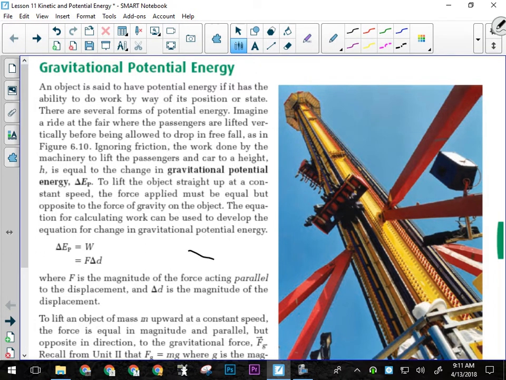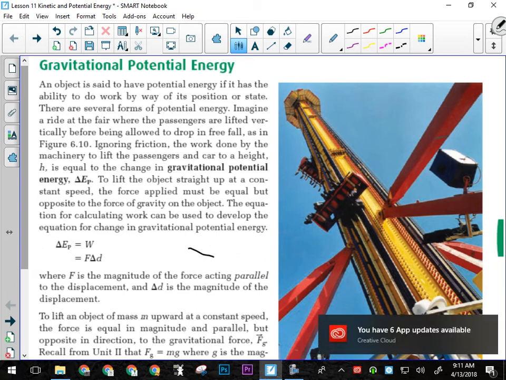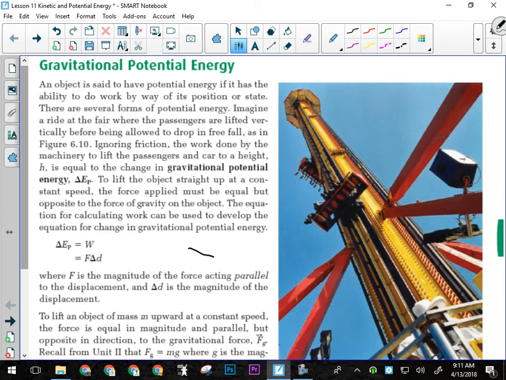All right, so in order to have gravitational potential energy, a few things have to be present. Gravity. You have to have gravity to have gravitational potential energy. So if I was out in interstellar space where there was essentially no gravitational body near enough to exert any considerable force of gravity on me, I would have no gravitational potential energy, because I'm not accelerating, nor do I have the potential to accelerate towards anything.